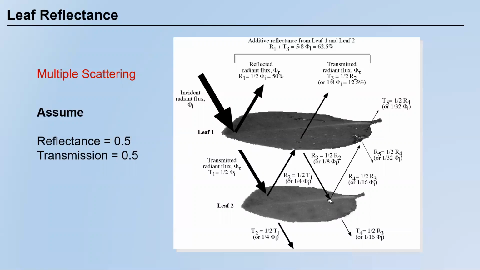So there could be hundreds or even thousands of leaves within a tree canopy if that's a very huge tree. So you can see that the specific transmittance and reflectance of EMR within a tree canopy can be very complex.